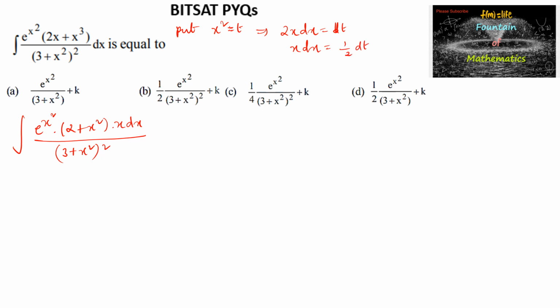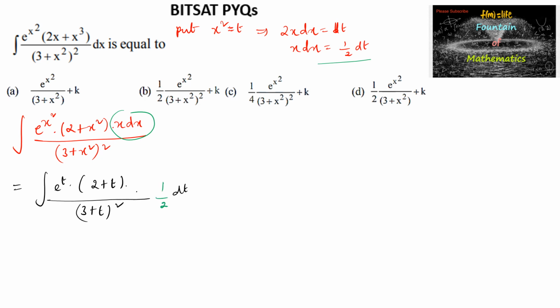So we may write here e to the power of t into 2 plus t upon 3 plus t whole square into x dx, where x dx is 1 by 2 dt. This can also be written as 1 by 2 times integral e power t into, and 2 plus t we can write as 3 plus t minus 1 upon 3 plus t whole square.